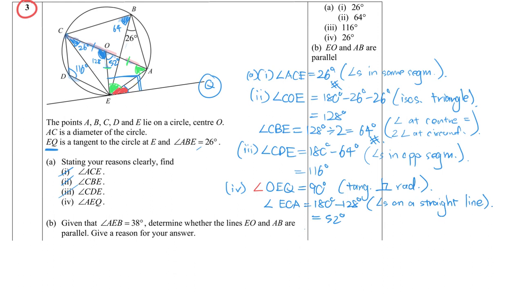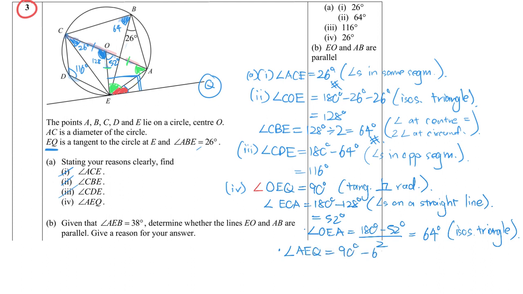Next, because of the isosceles triangle, angle OEA is 180 minus 52, and I divide it by 2, which is 64. Isosceles triangle. Last but not least, angle AEQ is 90 minus 64, which is 26 degrees. This is complementary angles. Add up to 90 degrees.